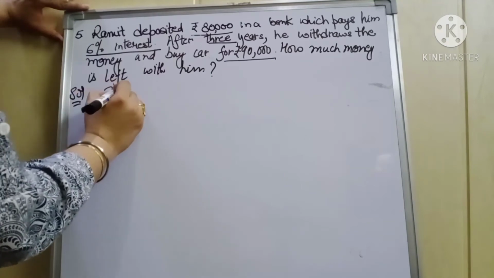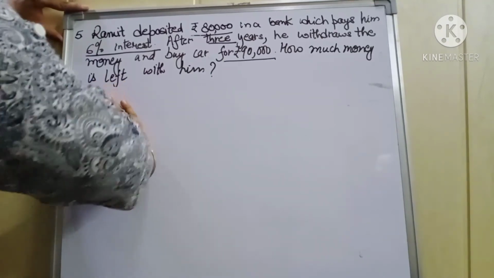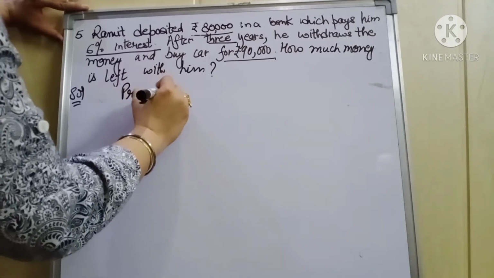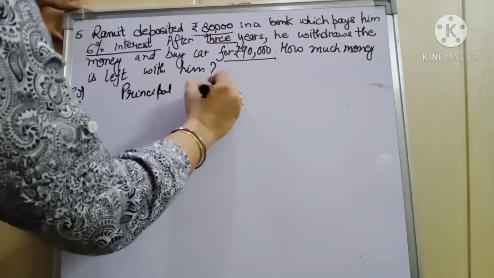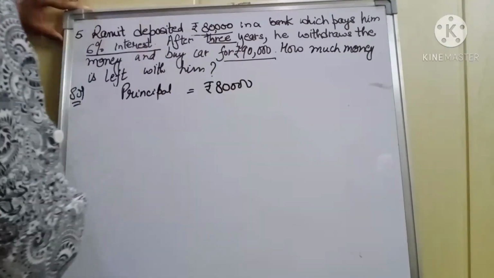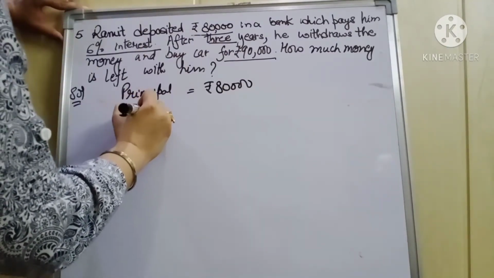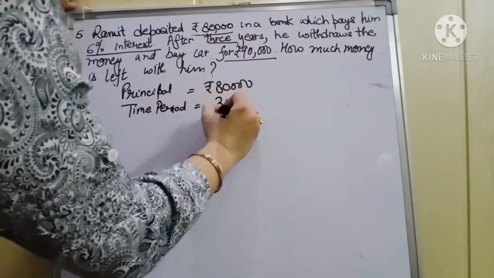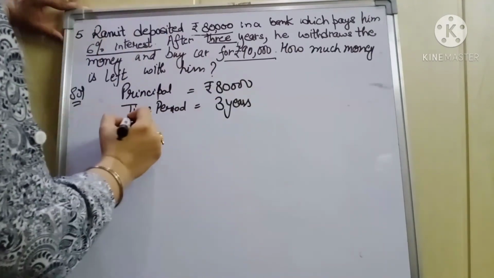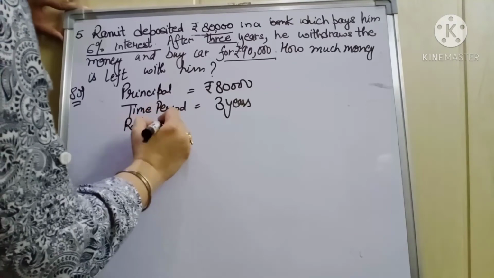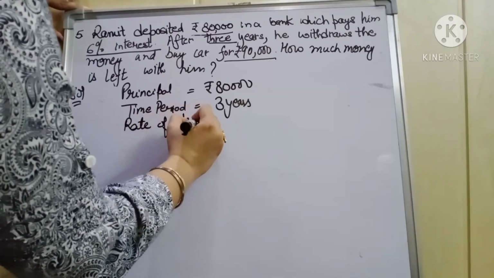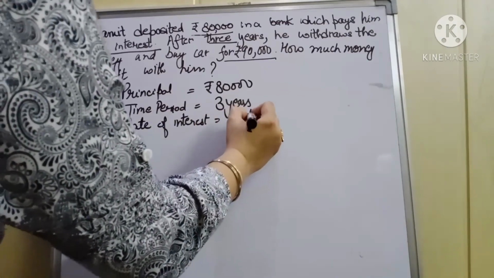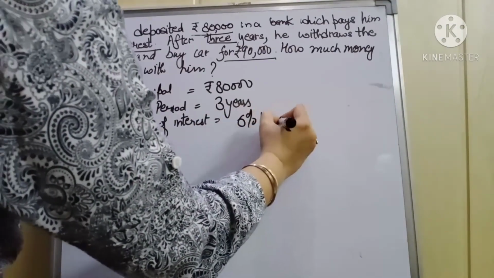Let us find how much money Ramit gets after 3 years. First of all, we have principal rupees 80,000. Now, for how long has he deposited? That is the time period. Time period is 3 years. Rate of interest is 6% per annum.